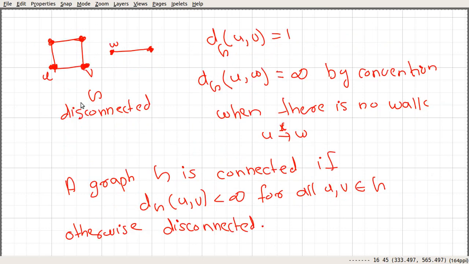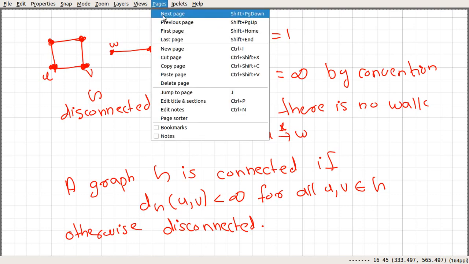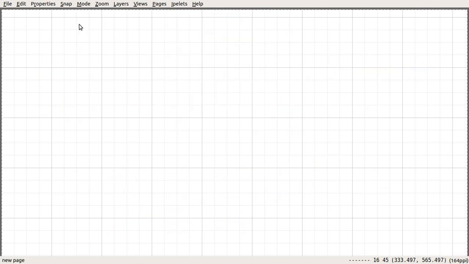Once you have the definition of a connected graph or a disconnected graph, we can talk about what is called the connected components of a graph. So let me start with an example. Let's consider again the same graph from the previous slide.